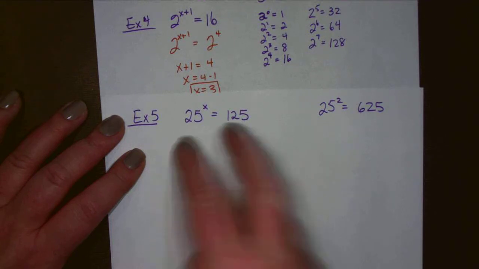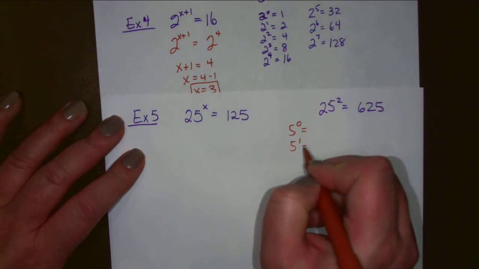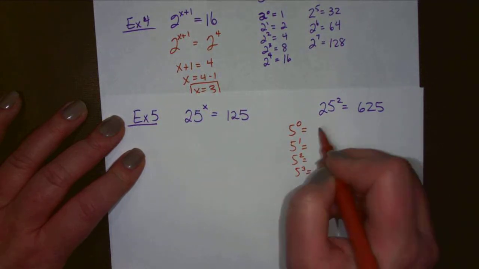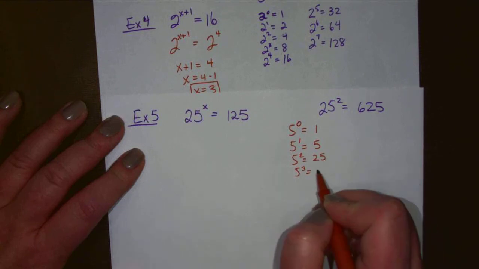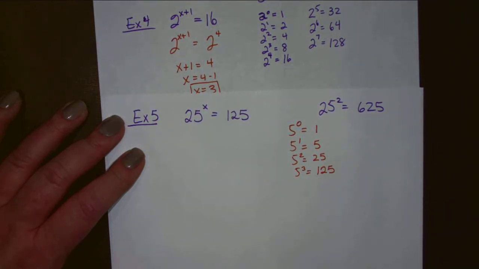So let's write down the powers of 5. 5 to the 0, 5 to the 1, 5 squared, 5 cubed. So this is 1, 5, 25. 25 times 5, think of quarters. 5 quarters is $1.25. That's as high as I expect you to know for 5.